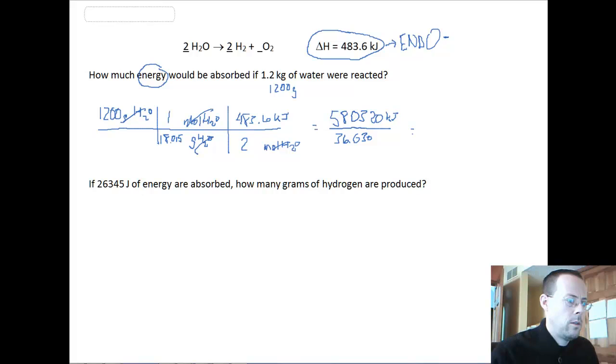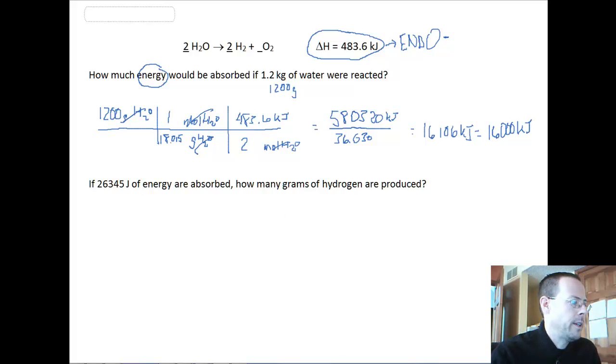So when we simplify this, we're going to get 16,160 kilojoules. And then when we round that to significant figures, we're just going to have 16,000 kilojoules. Alright? And that's the amount of energy released, which is why it's a positive value.